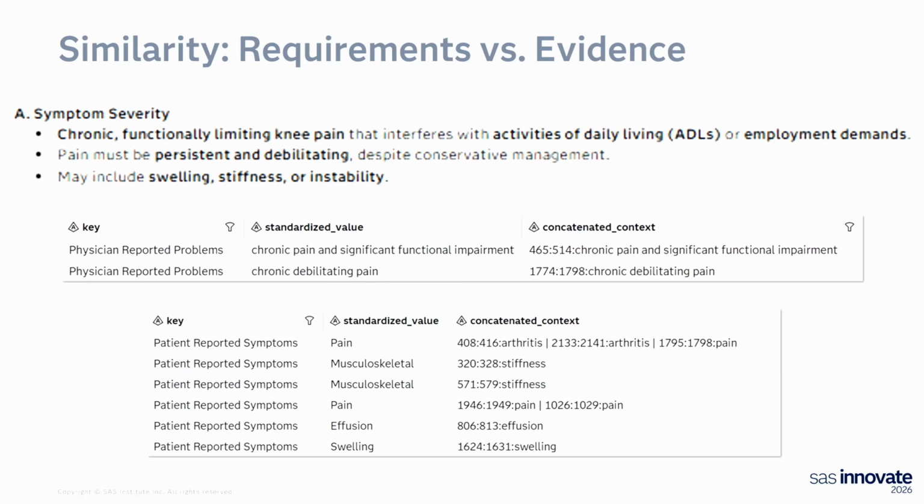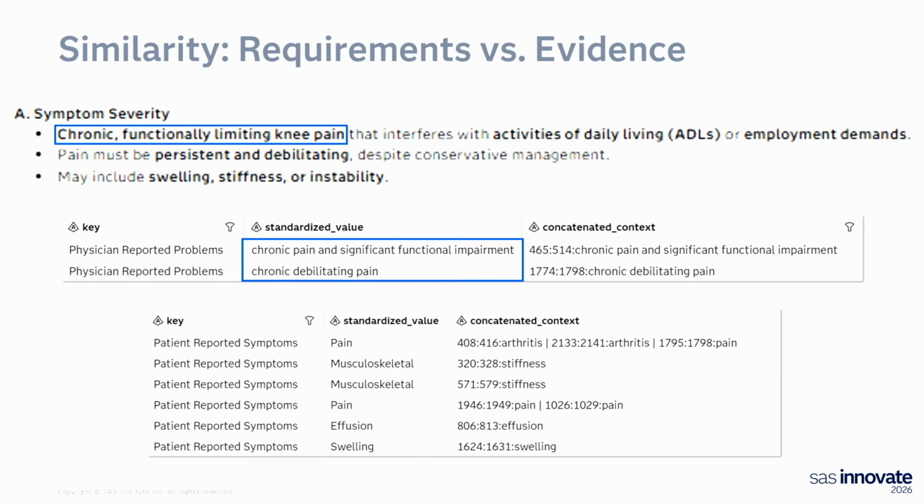Under the covers, basically what we're looking at is a semantic similarity assessment. And it's taking the requirements from the summarized document, something like chronic functionality-limiting knee pain, and comparing it to the output from the deterministic model.